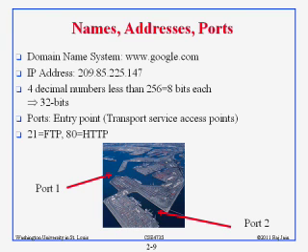For example, if you want to talk to a web server, all the web servers generally use port 80. So if you send to some computer and say, I want to talk to port 80, it will connect to the web server.